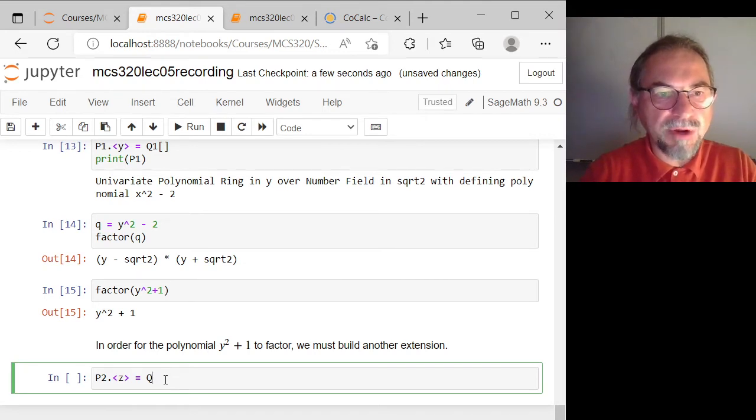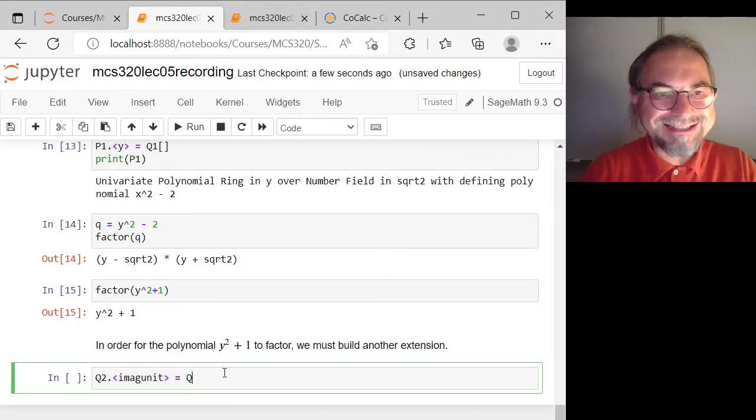I have already my polynomial over the field, so I have to define a new extension field, q2, that will extend the field q1, and I will be very verbose, I will add an imaginary unit.